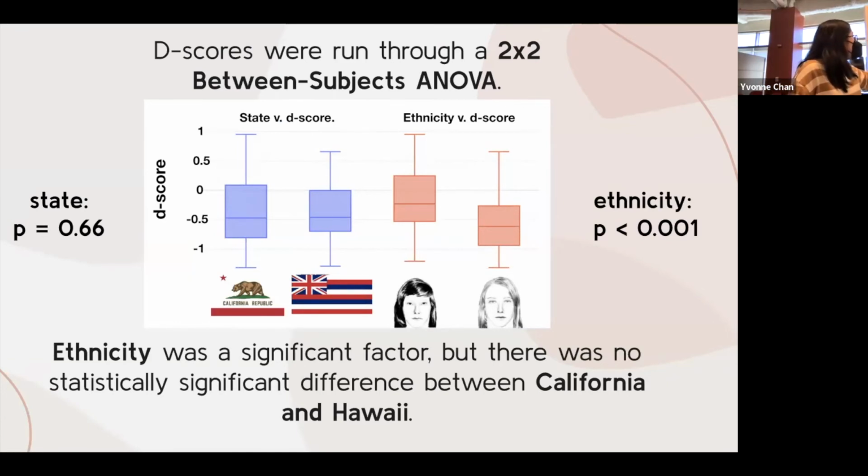The p-value was 0.66, so pretty solidly not significant. However, there was a significant difference between ethnicities. Asian participants had a less strong bias against Asian Americans than white participants, which you can guess why, it's their own ethnic group. Despite that, all of their means were sub-zero.